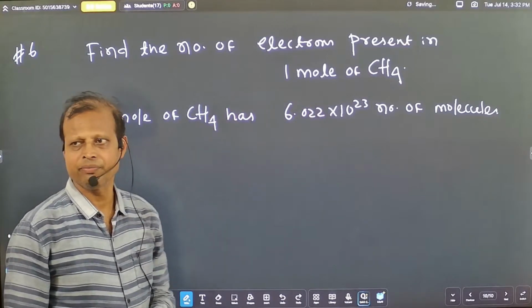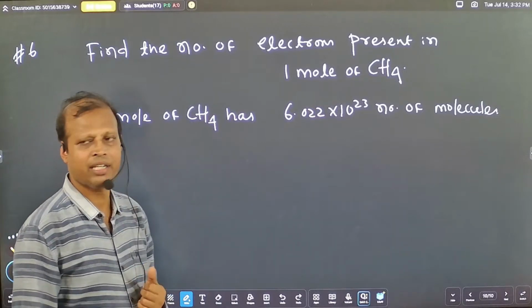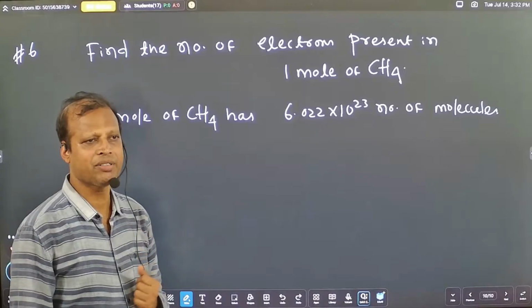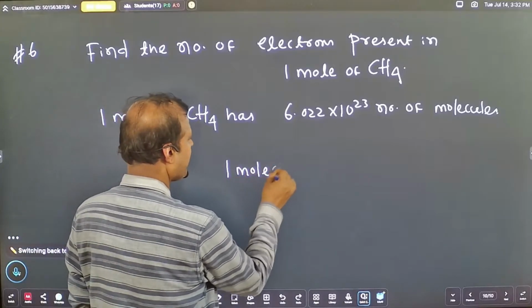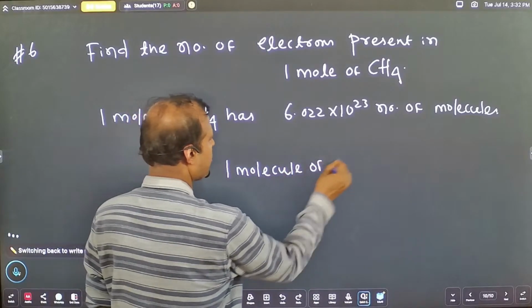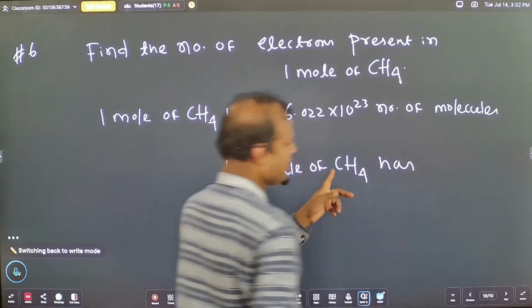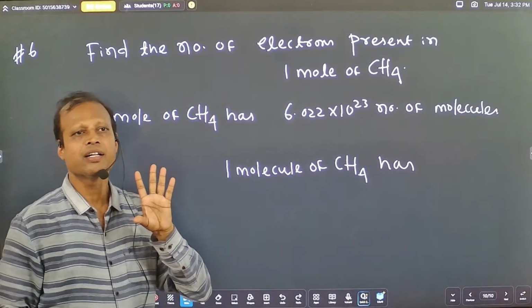And in 1 molecule of methane, how many electrons are there? In methane, we have a carbon atom and hydrogen atoms.